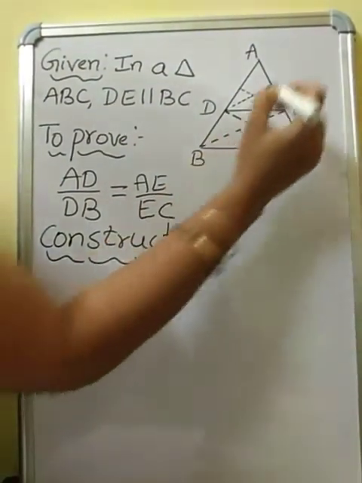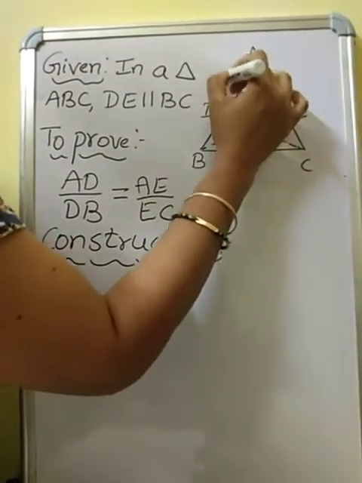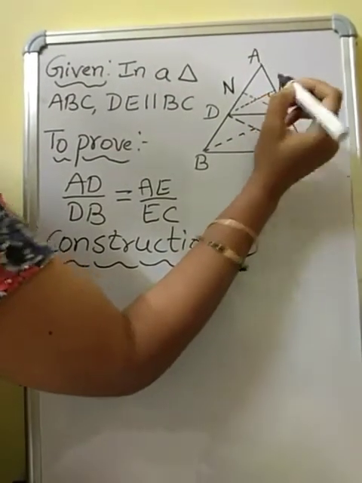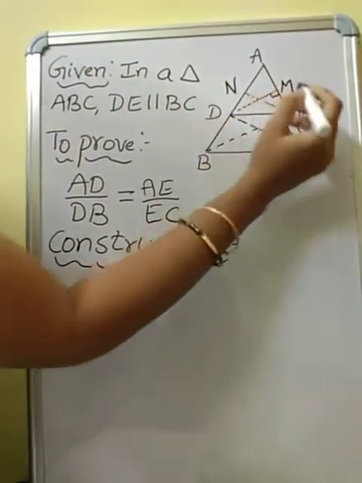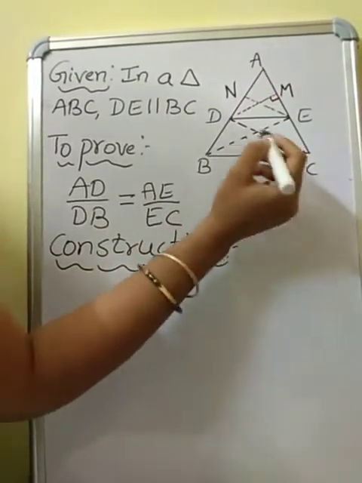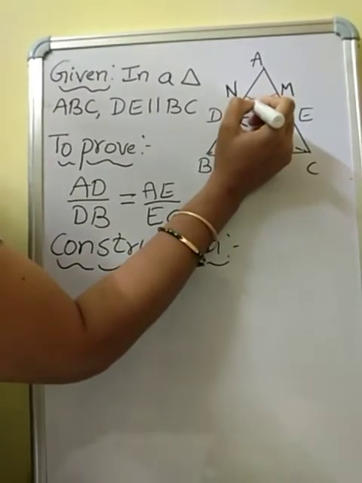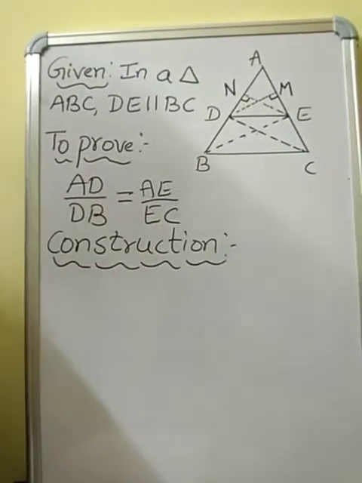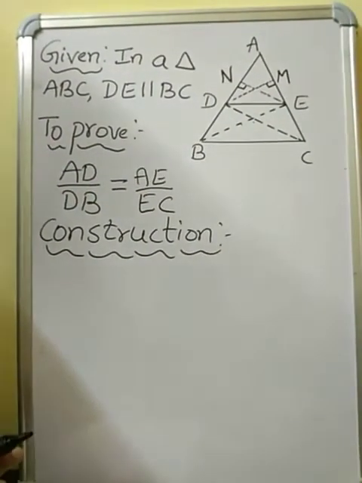I am going to name these points M and N. Perpendicular means I draw a symbol over here: DM perpendicular to AC and EN perpendicular to AB.